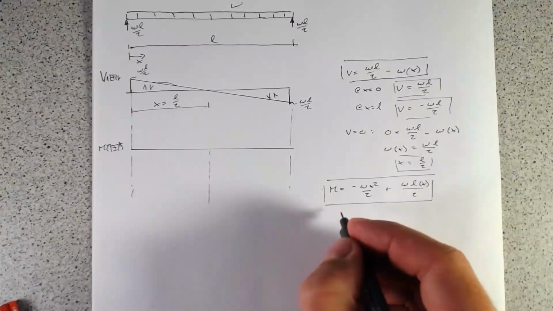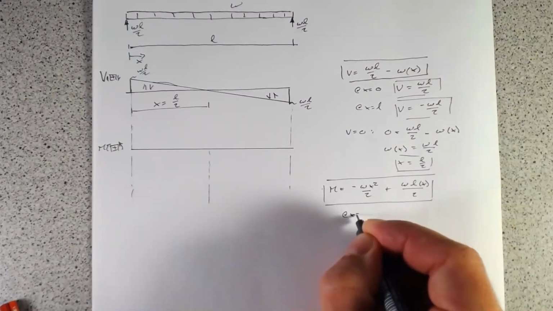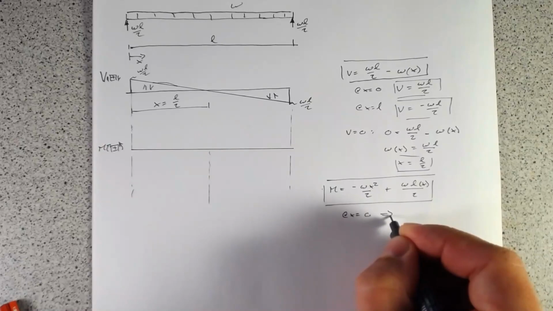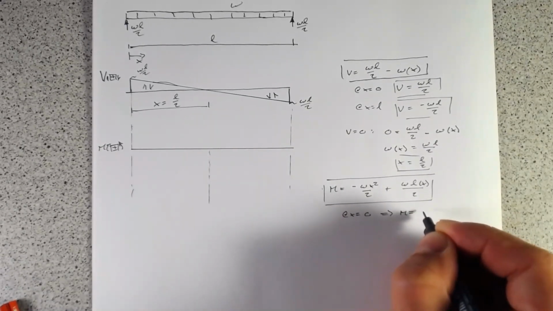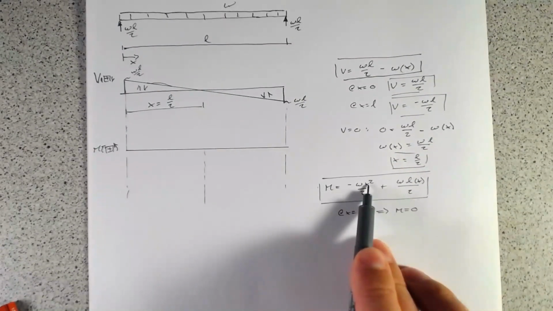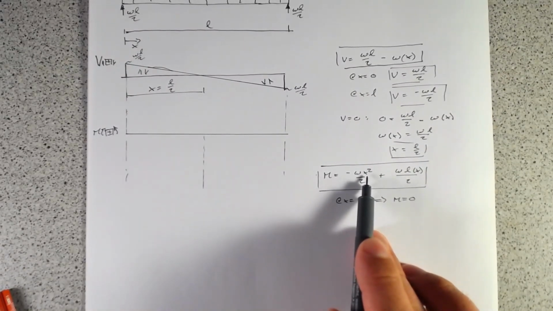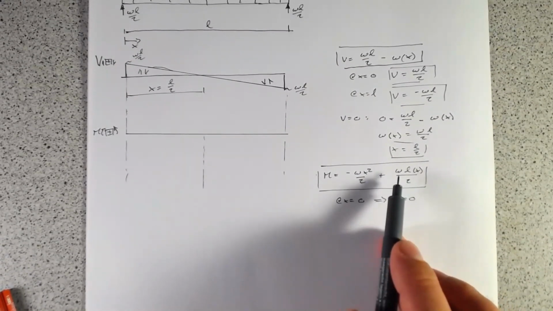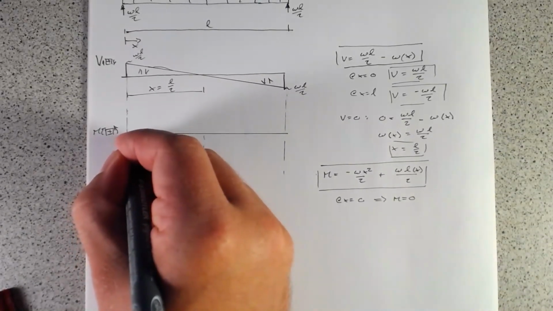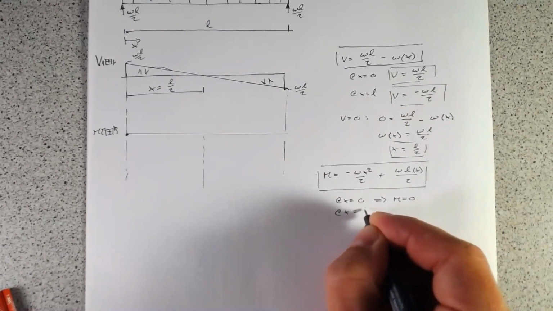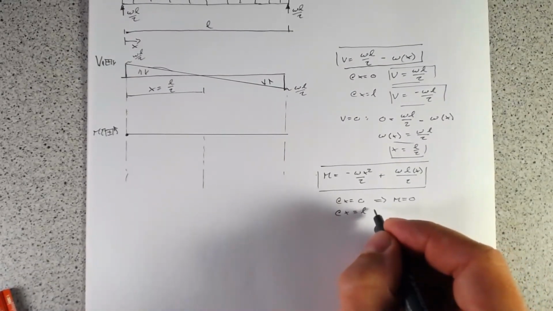Well, we know that at X equals 0, the moment equals 0. That makes sense. We just replace 0 for X, so 0 times anything is going to be 0, plus 0 times anything is going to be 0. So we know that the point starts at 0 here.